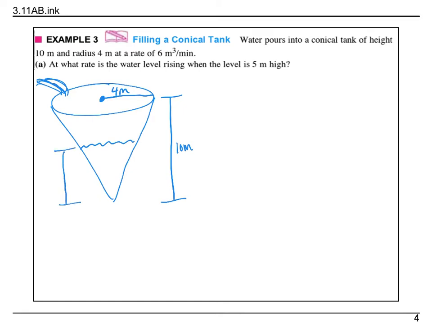With a height that changes and a radius that changes. What else do we know? We know that dV/dt is 6 meters cubed per minute. And we want to know dh/dt when h equals 5.